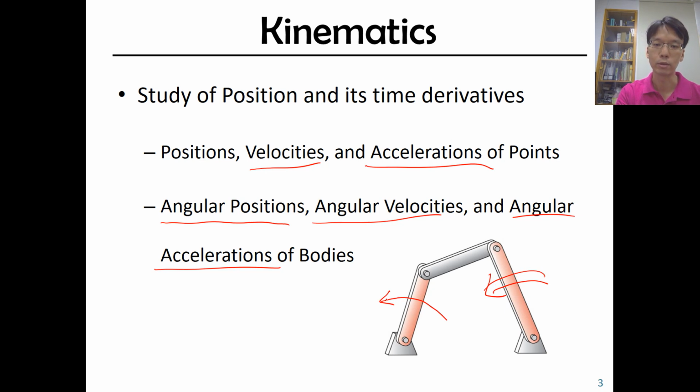So that will include if I provide an omega here, we will use kinematic analysis to calculate the angular velocity of this bar. And we may also be interested in the position of certain point.